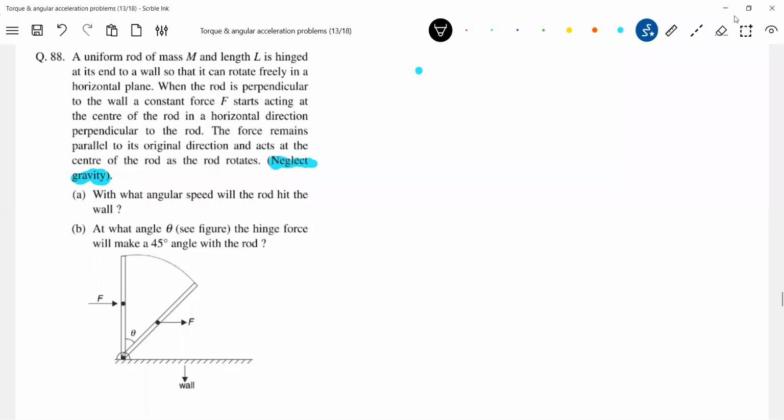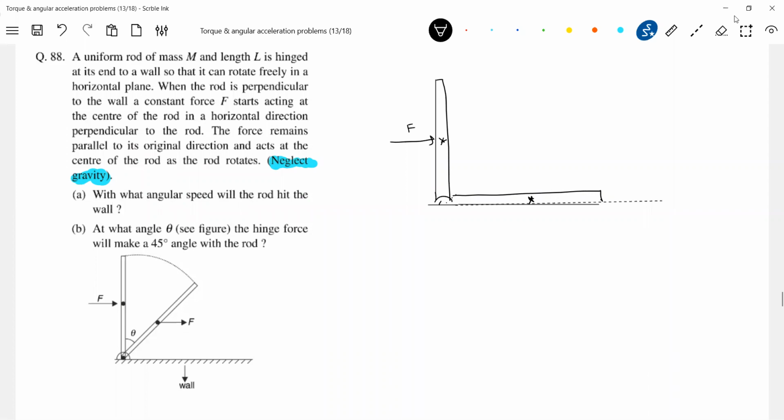Finally, there's a rod, no? Let's take this one. There's a rod, and finally it will hit the wall. Let's focus only on the center of mass and apply a force F like this.